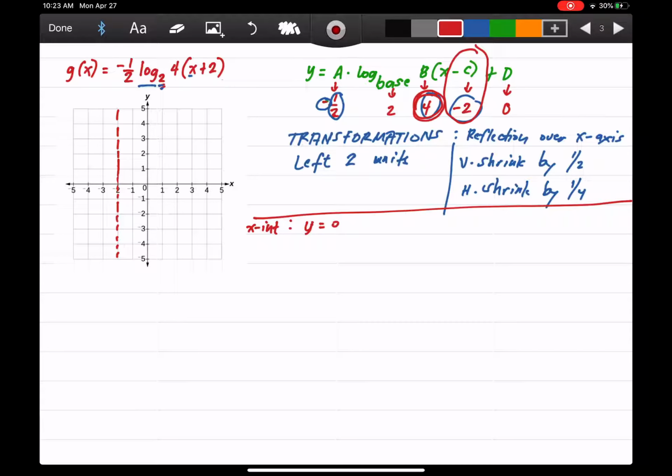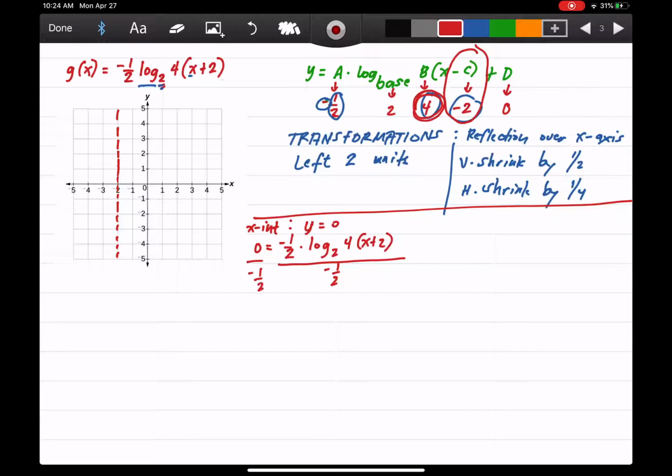So let's do this. 0 equals negative 1 half times the logarithm of 4 times x plus 2 with base 2, right? So what we can do here is divide by negative 1/2 first, so we can isolate the logarithm.